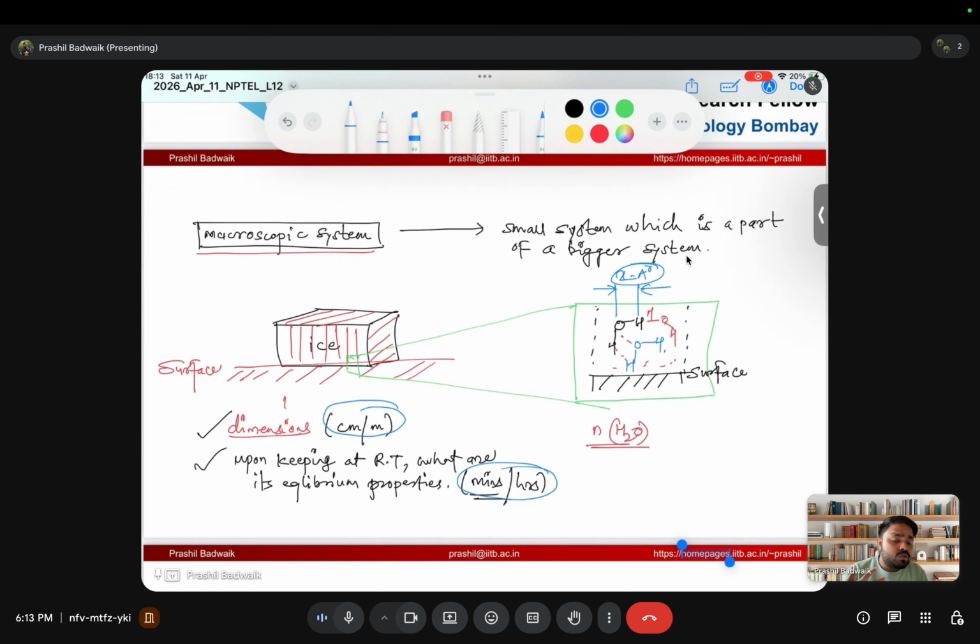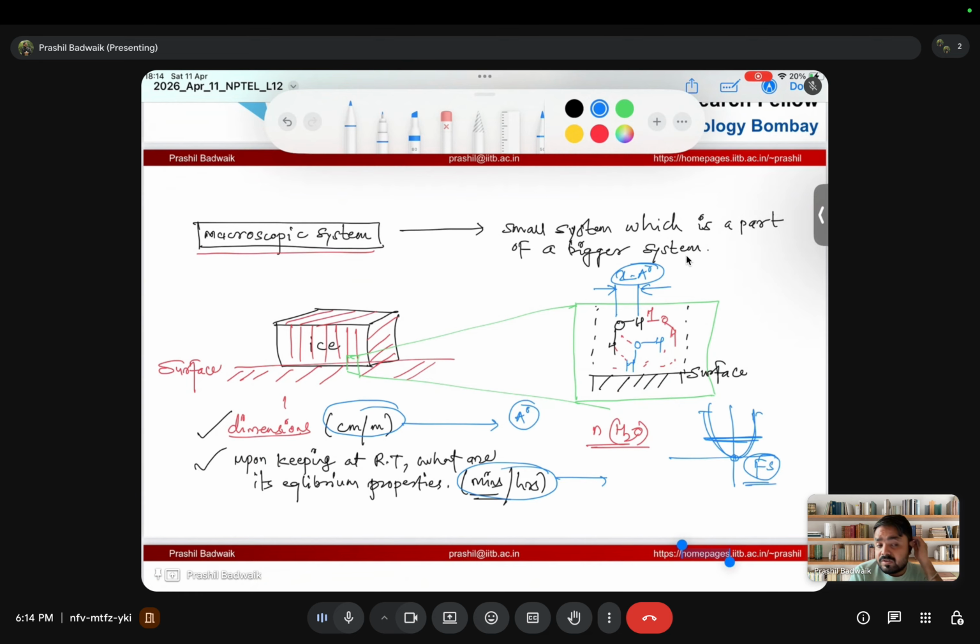So we are going into the angstrom scale, and the bond length fluctuates, it vibrates around a mean position, and the time period of this vibration around this mean position is in femtoseconds. It is in femtoseconds. So now you can imagine we have gone from centimeter scale to angstrom scale.